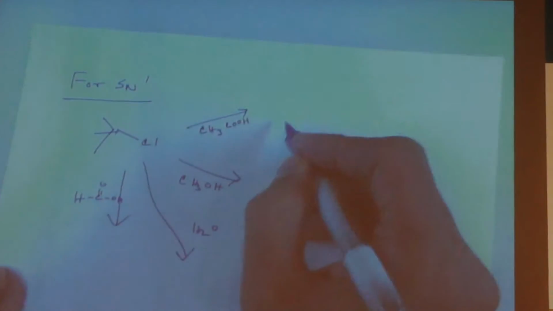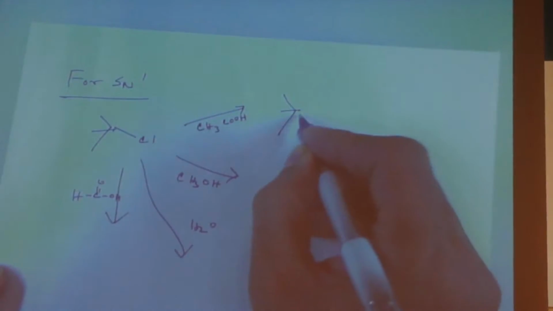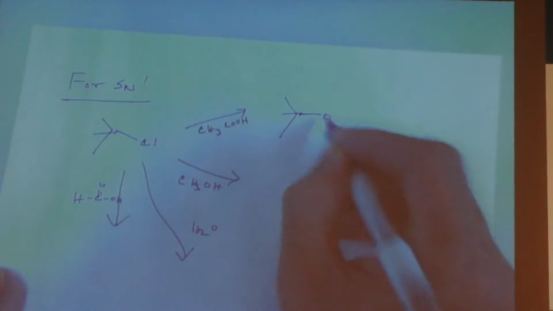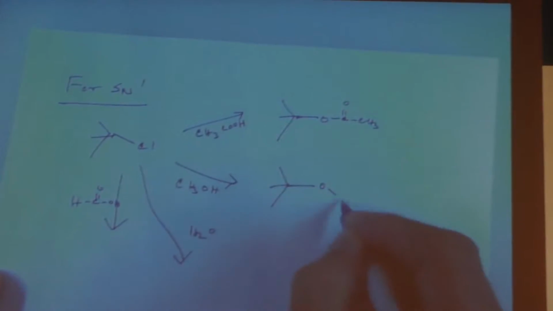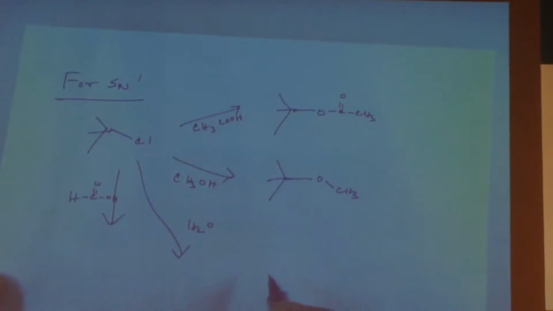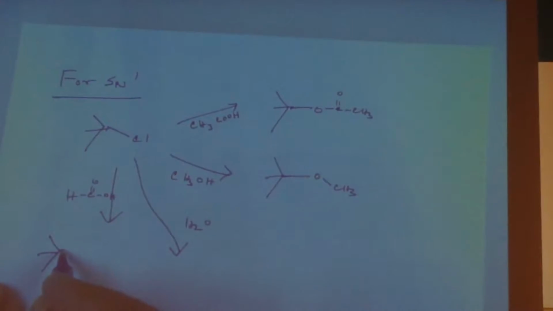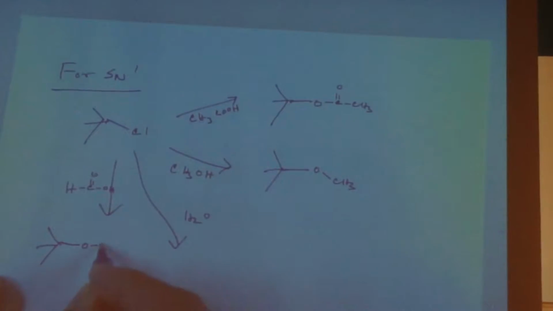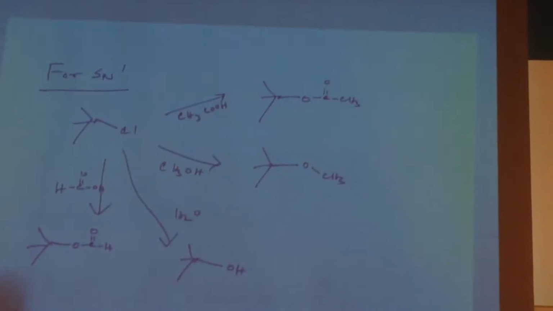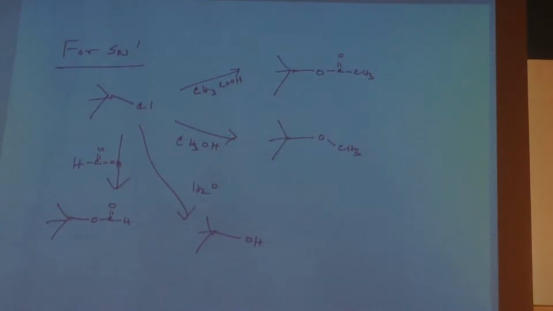So in the first case, the product is this. In the second case, formic acid gives you this, and the water gives you the alcohol. So four different products are generated in this process.